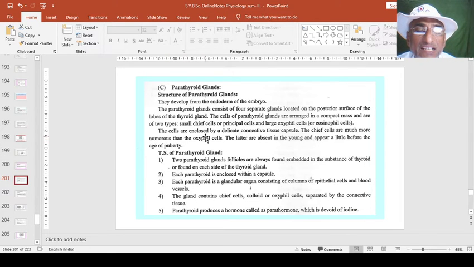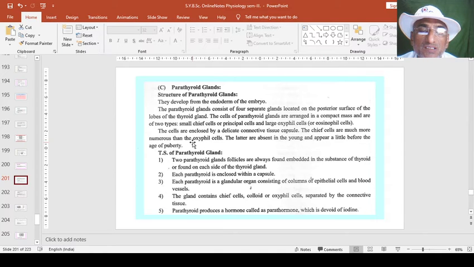These cells are enclosed by a delicate connective tissue capsule. The chief cells are much more numerous than the oxyphil cells. The latter are absent in the young and appear a little before the age of puberty.